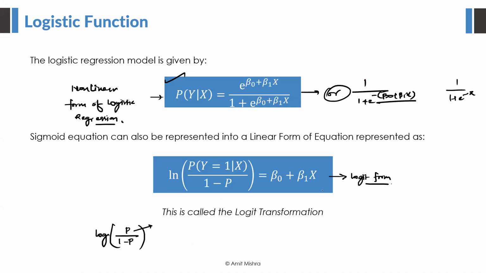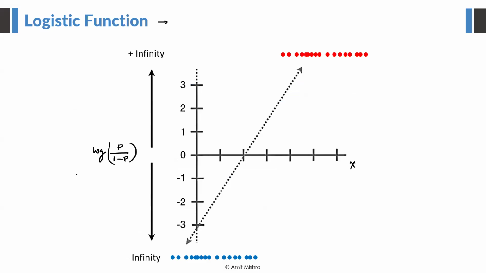So this one is a linear relationship between feature x and log of odds. Here is your x value. It is represented like this: this is your log of odds, and this is your x value.